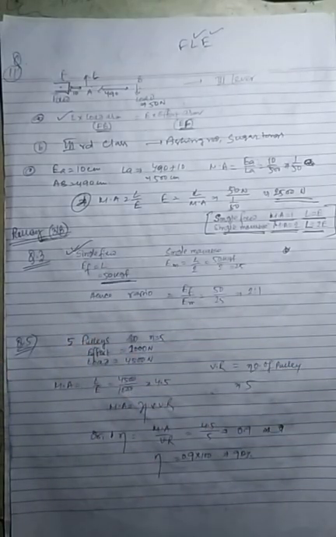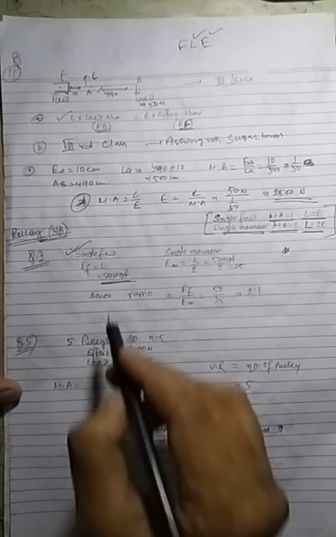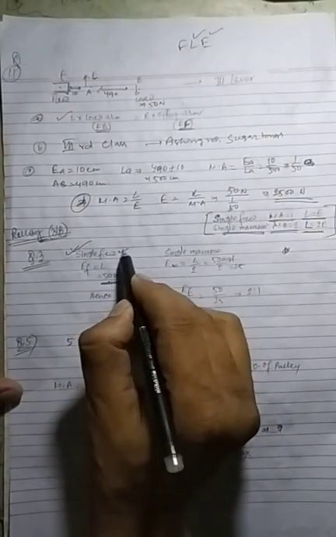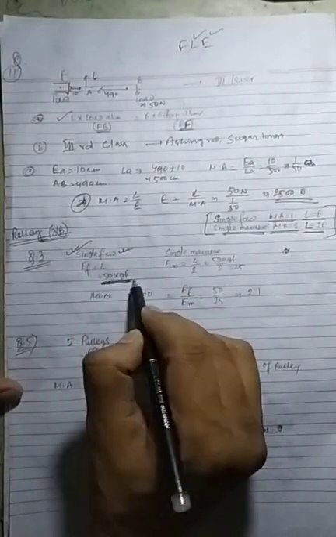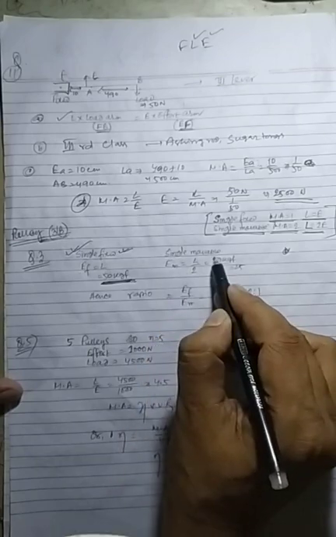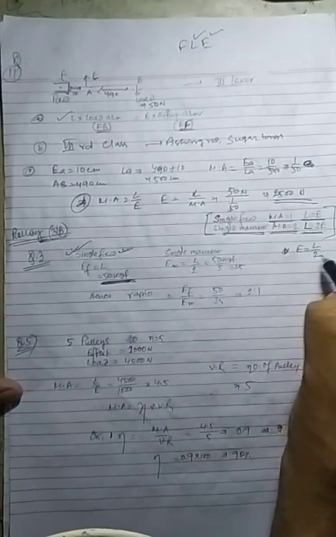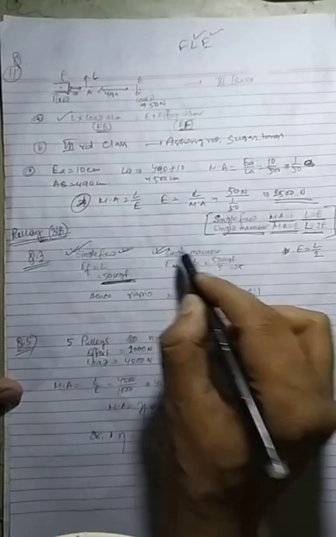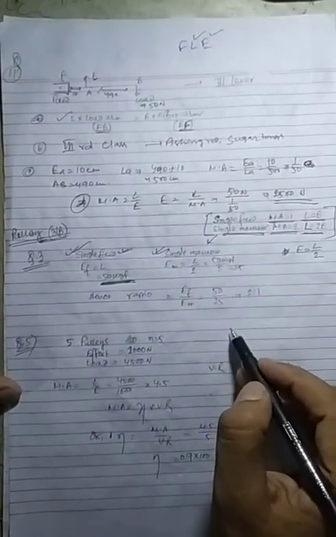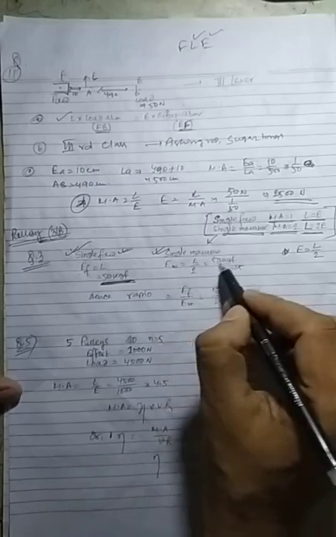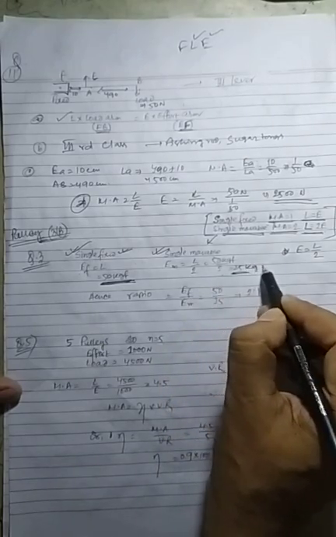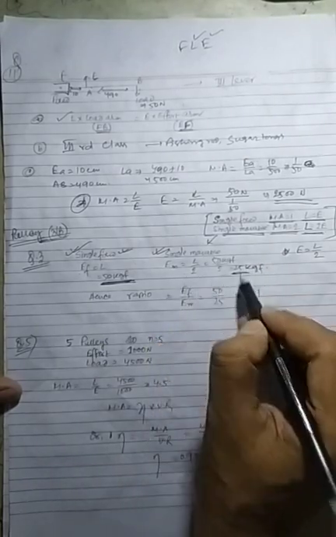In the question it is given that the load is 50 kgf. So for a single fixed pulley, an effort of 50 kgf is needed. But for a single movable pulley, 2 times effort means E is equal to L by 2, that is 25 kgf.